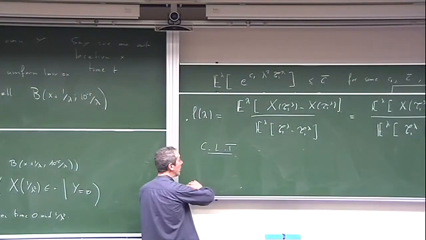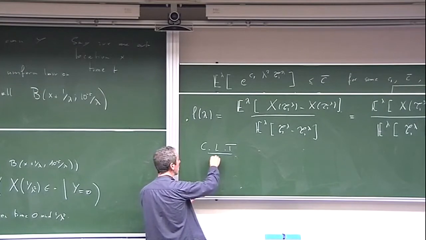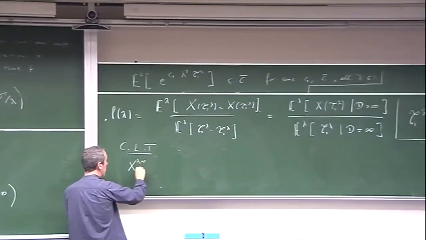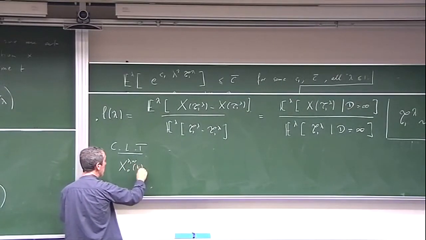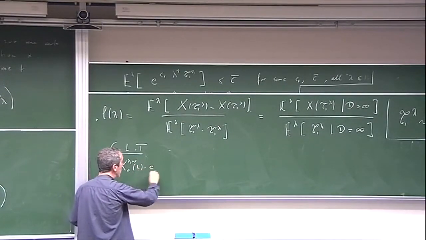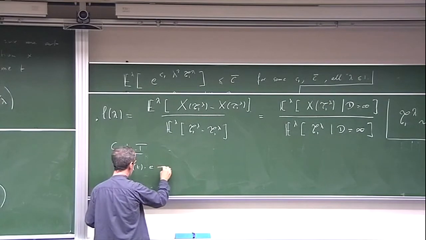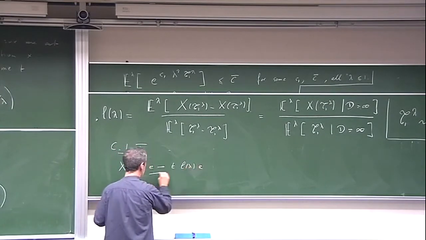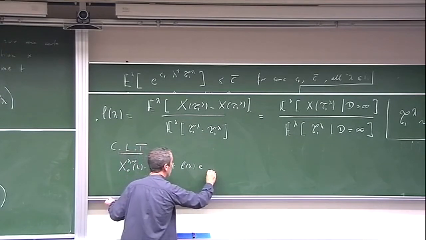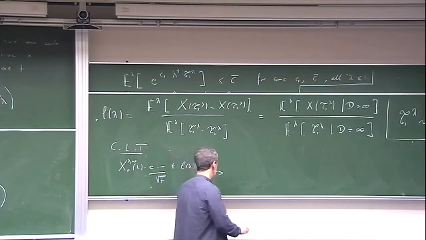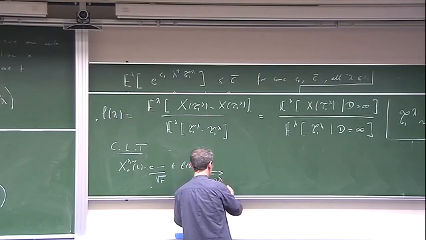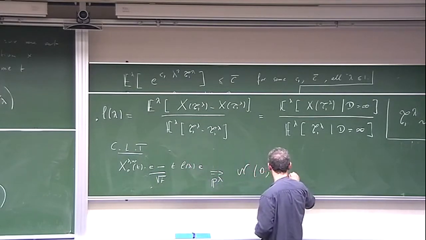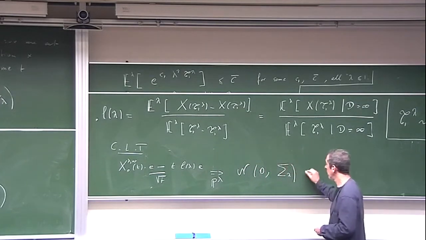CLT means that if I look at the position X^lambda_omega(0) at time t in some direction E, and then I subtract what I should, t times L(lambda)·E, divided by square root of t, this converges in law under P lambda to a centered normal law with a certain variance, sigma lambda.